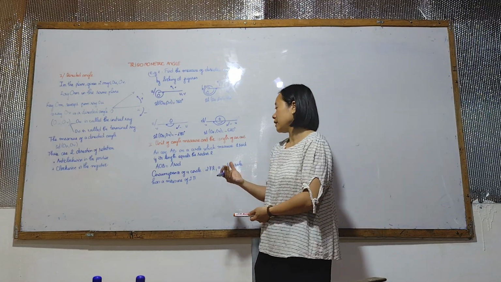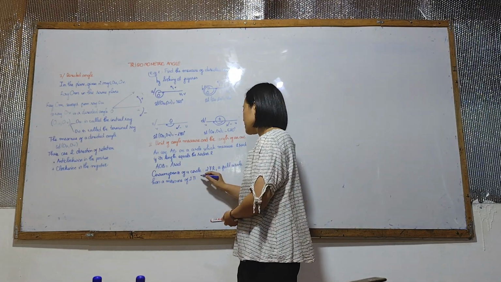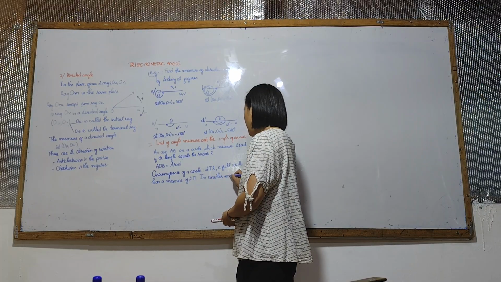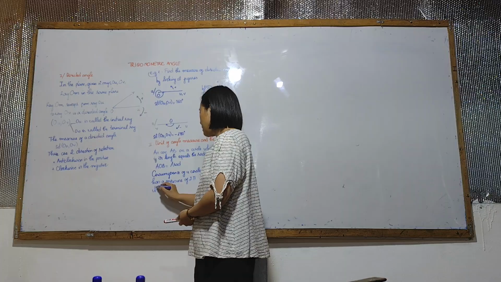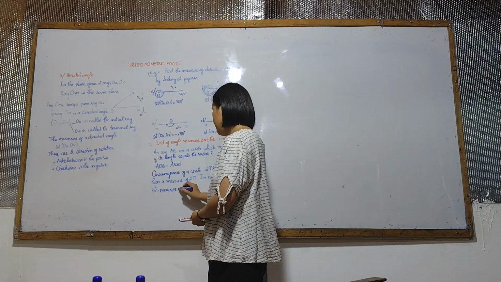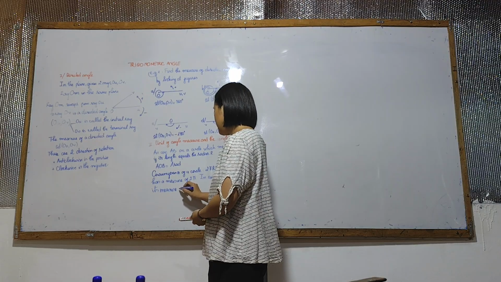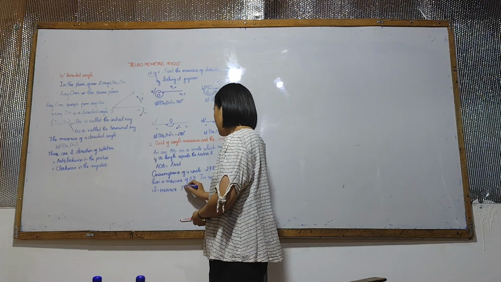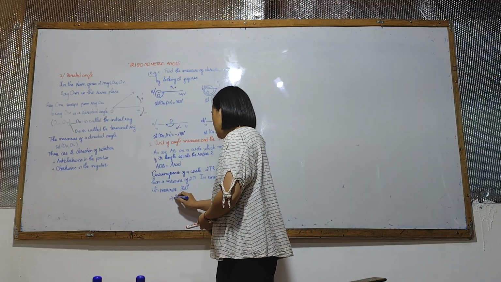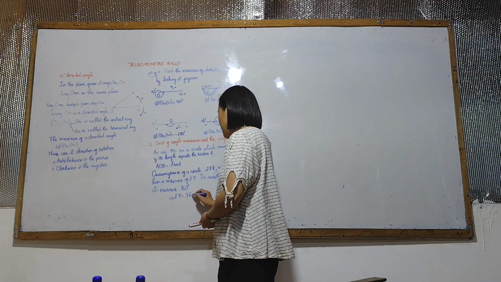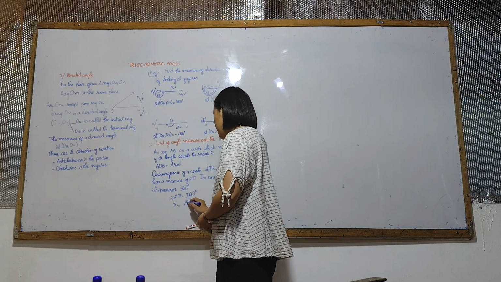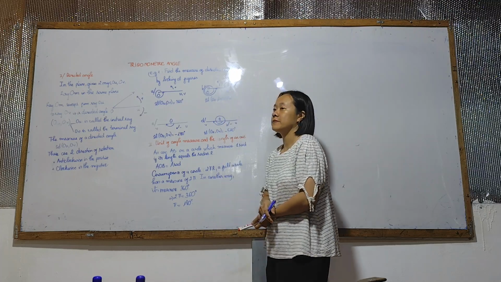In another way, it measures 360 degrees. So we have 2pi equals 360 degrees, or pi equals 180 degrees.